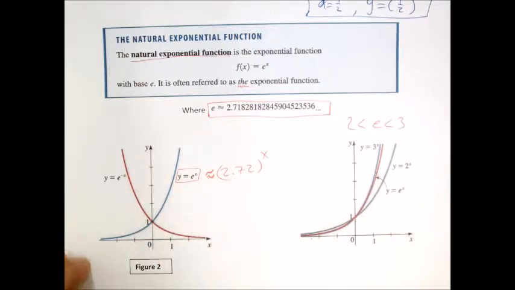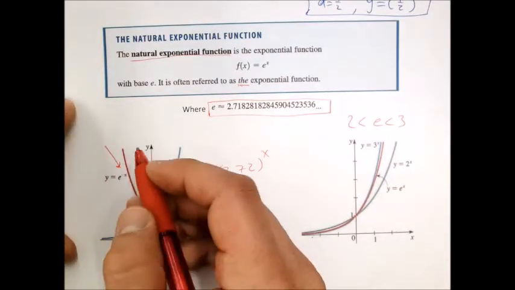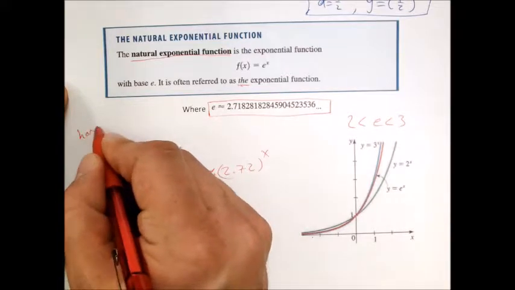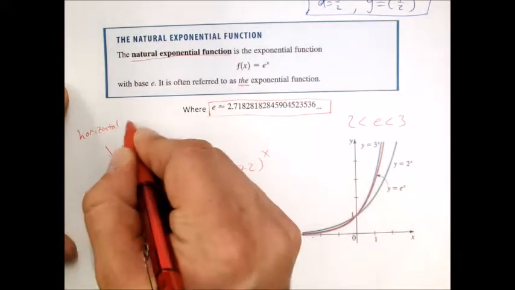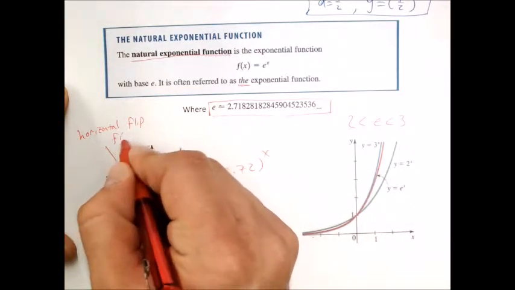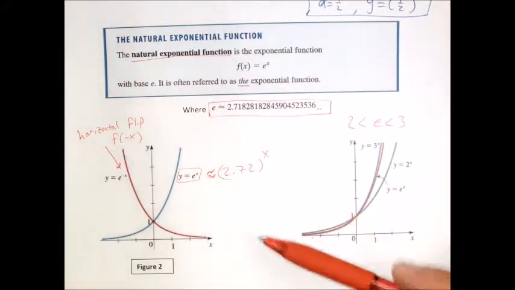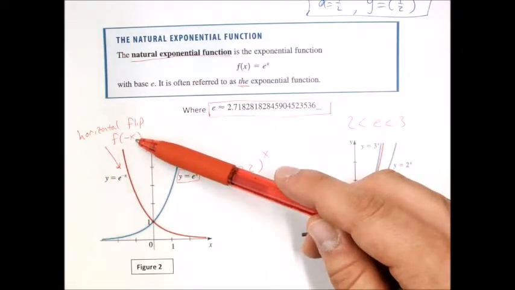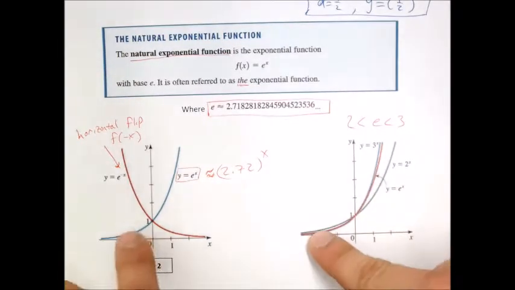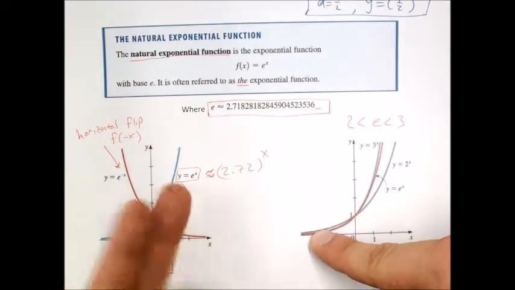And so you could think about that in two ways. It's a horizontal flip, because you're doing f of minus x. This is a good review for the quiz today. It's a horizontal flip because you're plugging in a minus x. It's like we took the original one and we flipped it around like this.